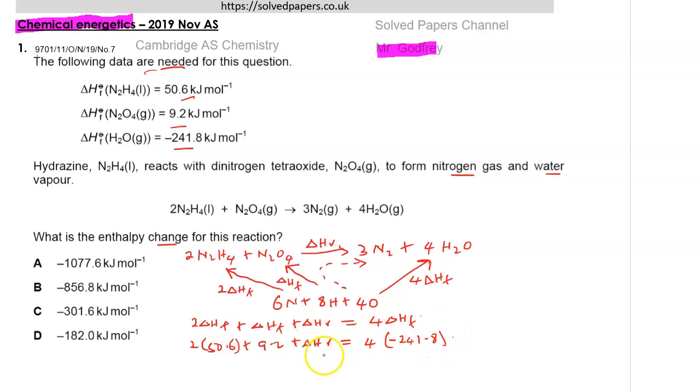Of course, you will multiply these, add these, and then subtract from both sides.